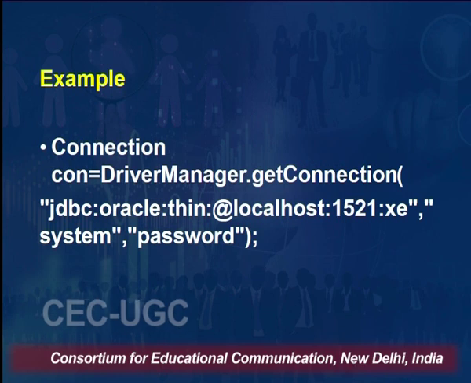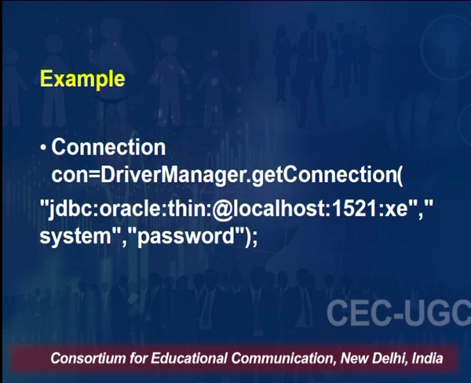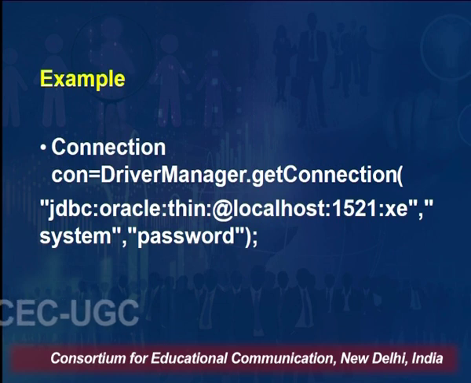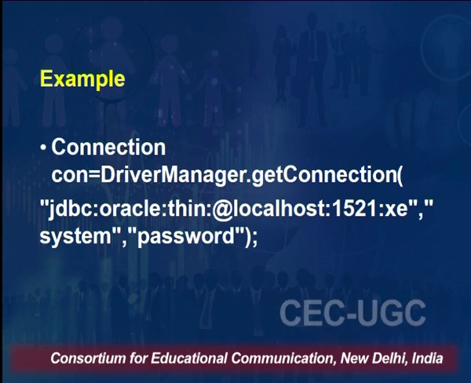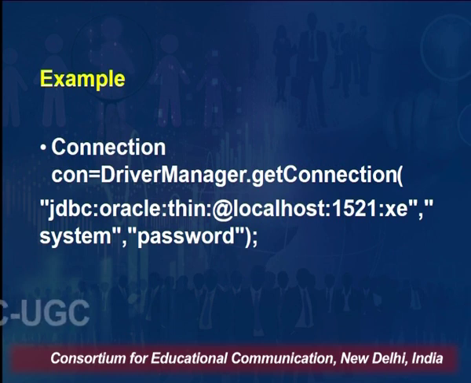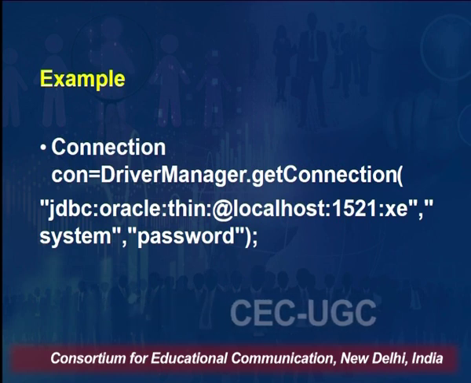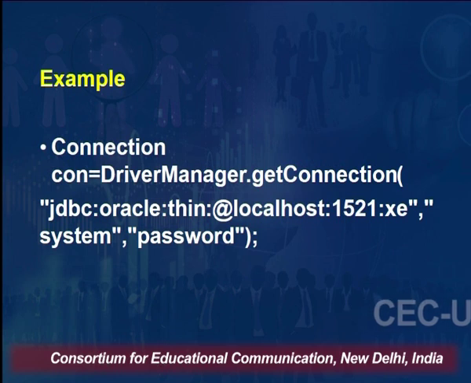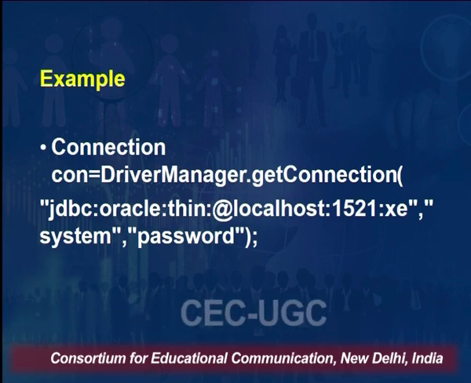The second parameter is "system" within the double inverted commas, and the third parameter is "password" within the double inverted commas. So, I am repeating it here again: Connection conn, that means an object named conn of the Connection class has been made, and whatever result is obtained by the getConnection method of the DriverManager class will be stored in this conn, because this is going to fetch us an object of type Connection.